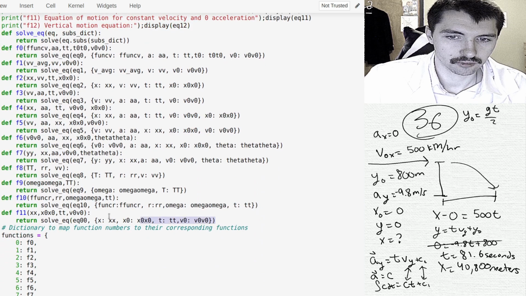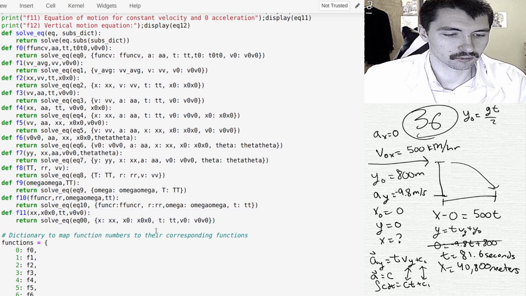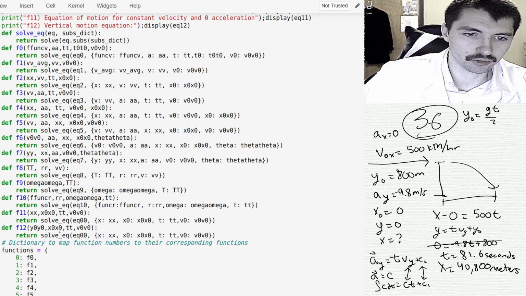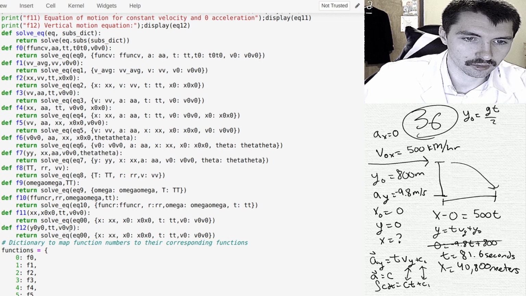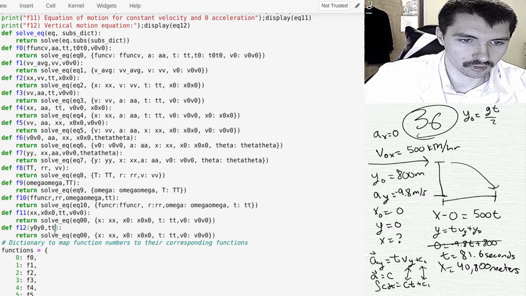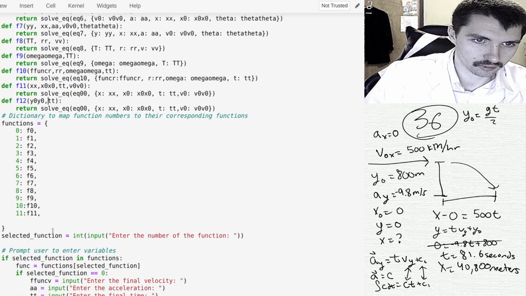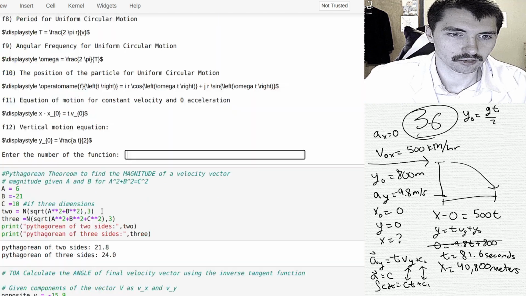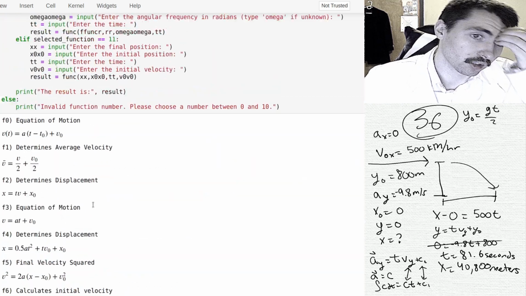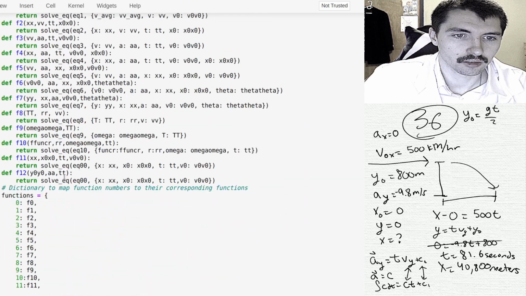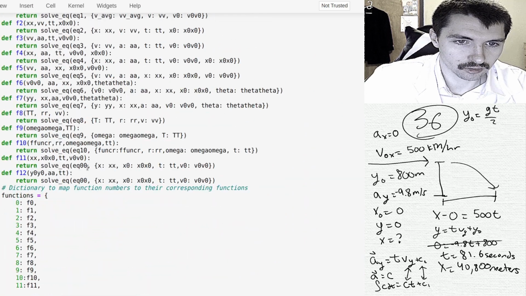It's going to be equation 12, y naught. It'll be t, and that's it. It's going to be a simple one. Oh, I guess we should do a. Yes, okay. So it will be a, a t. So we want to solve equation. It should be 11. It should be 12.